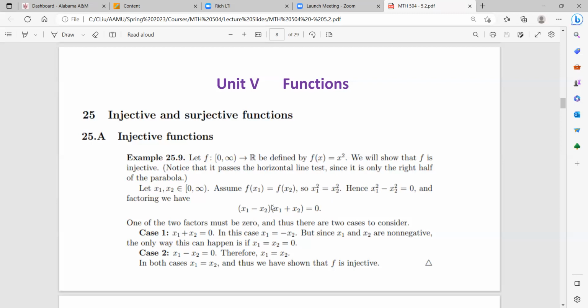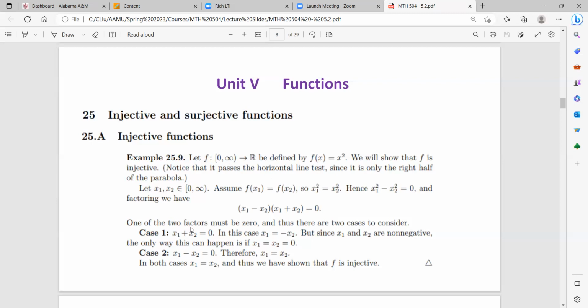So then we got two situations. Either x1 minus x2 is 0, or x1 plus x2 equal to 0. So we have two cases. Case 1 is x1 plus x2 equal to 0. All right, but because all the x are non-negative, the minimum value for x1, x2 is 0.